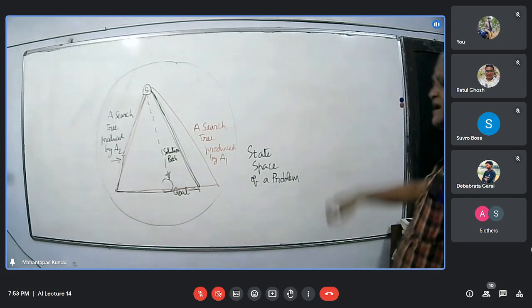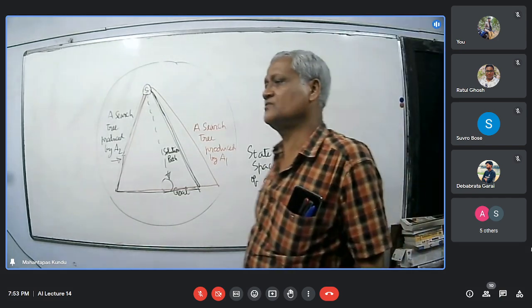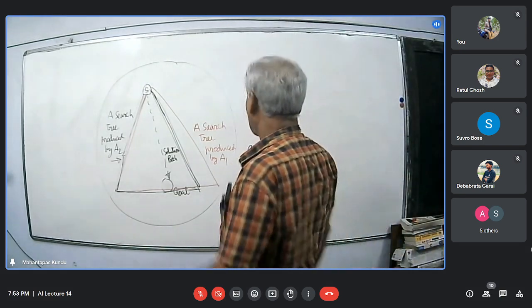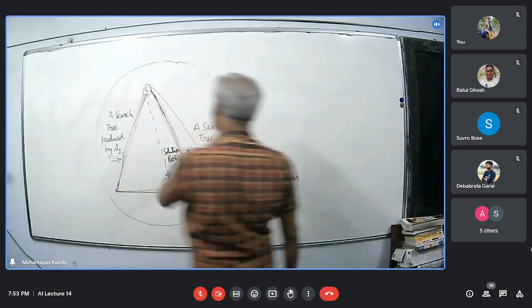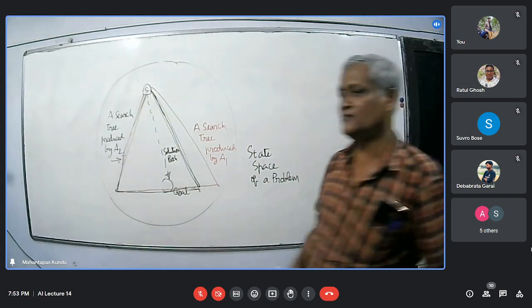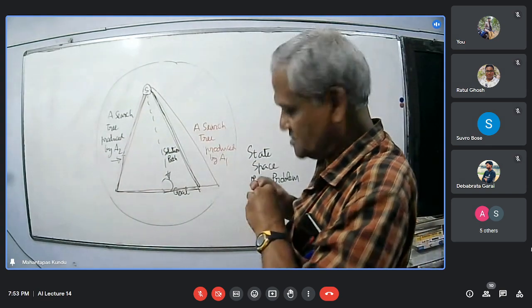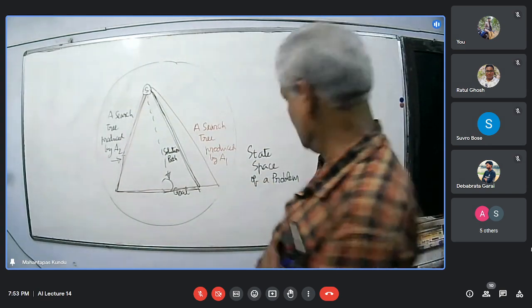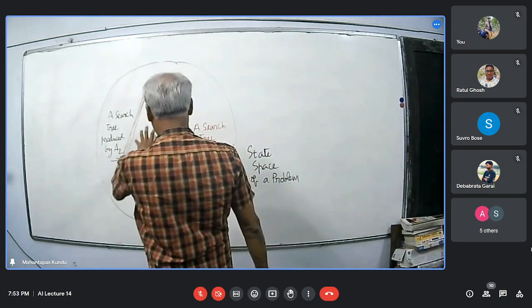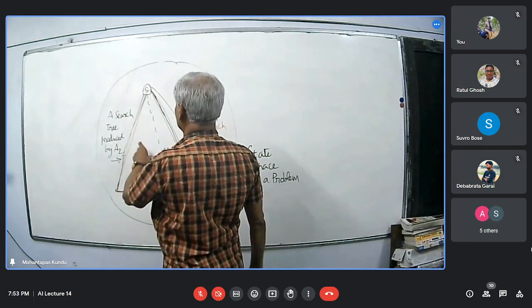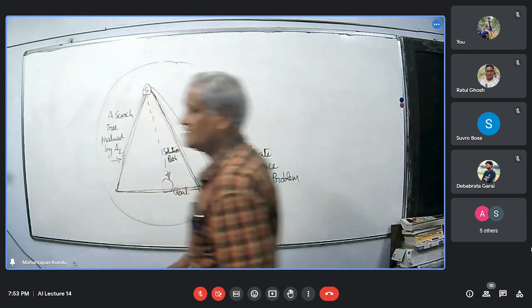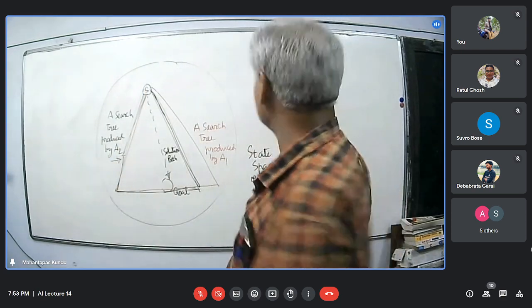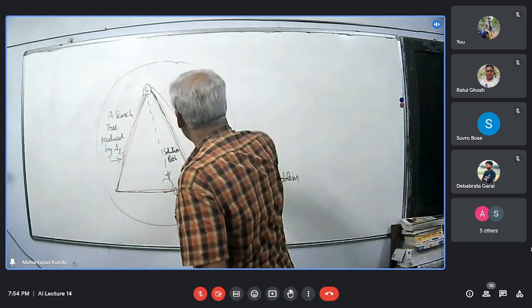Then we have applied A1 on the same problem, and it has produced this red colored search tree. If you go through these two search trees, you will find that every node expanded by A2 in its black search tree is also expanded by A1 in its red search tree.